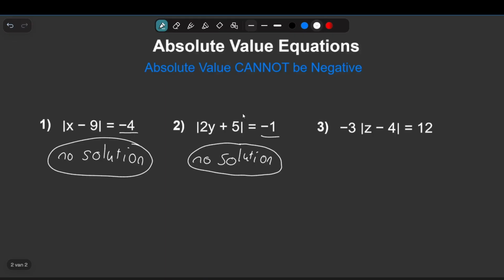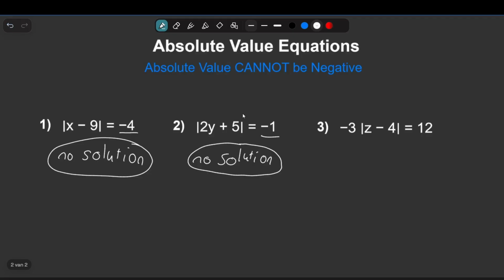Don't be scared or nervous when you see this, because it is always no solution with these absolute value equations. But remember, don't get them mixed up with normal algebraic equations, where answers can be negative.